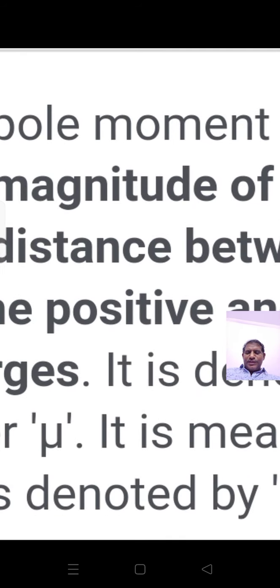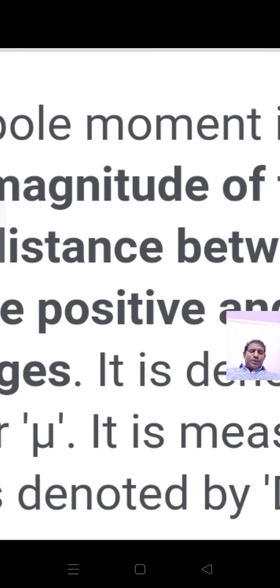Therefore, dipole moment is equal to charge into distance between the two poles. It is generally represented by the letter mu. Mu is equal to q into d, where q represents the charge and d represents the distance between the two poles.